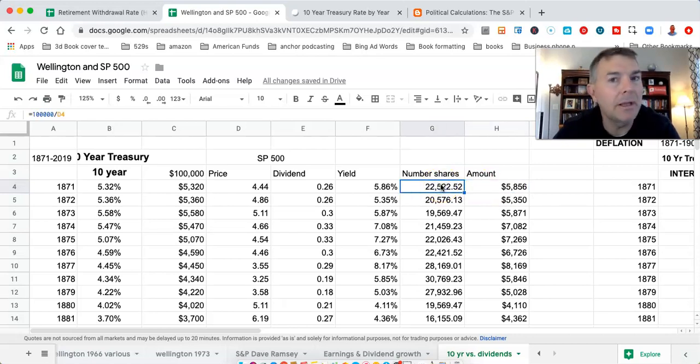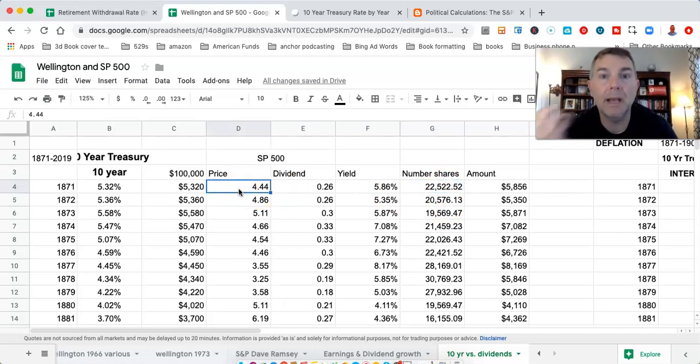But I am calculating the number of shares we need, and I'm going to show why later on. Basically, in order to get $100,000, we need 22,522 shares, because $4.44 is one share. We divide $100,000 by that, which means we need 22,522 times 4.44.